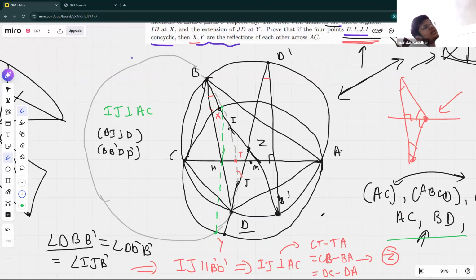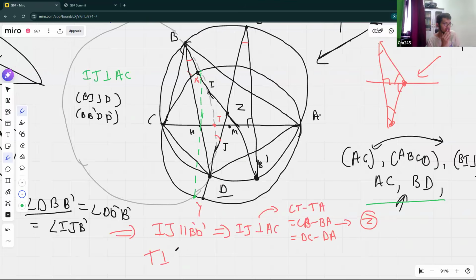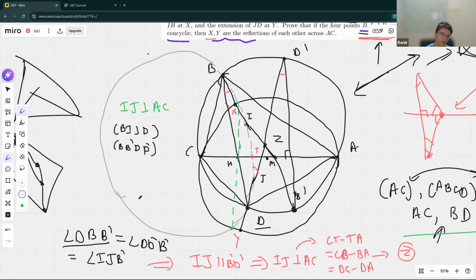Wait, is it possible that I and J are reflections then? That would be pretty. No, that's not possible. Which are reflections? I and J, but that would imply TI equal to TJ, which would imply the incircles are the same. Is that true?